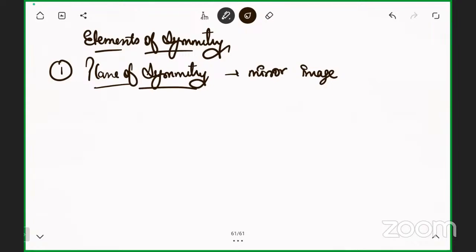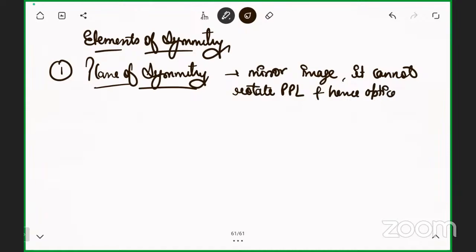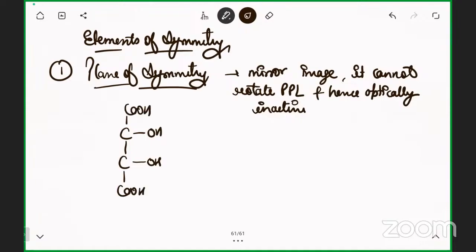And if a mirror image is present, it means it cannot rotate PPL, that is plane polarized light, and hence it is optically inactive. For example, you can see C, C, OH, OH, COOH, COOH, H, H. This is called tartaric acid.